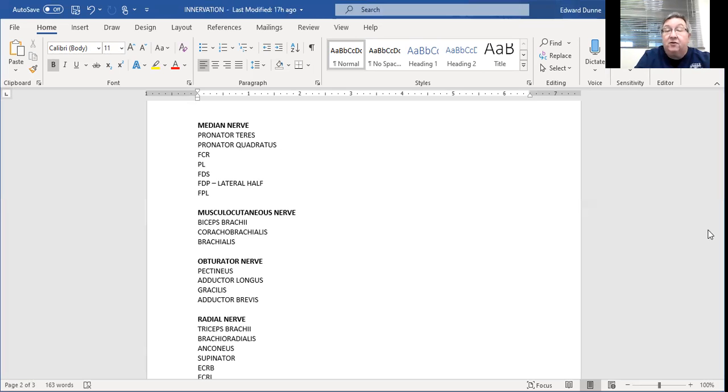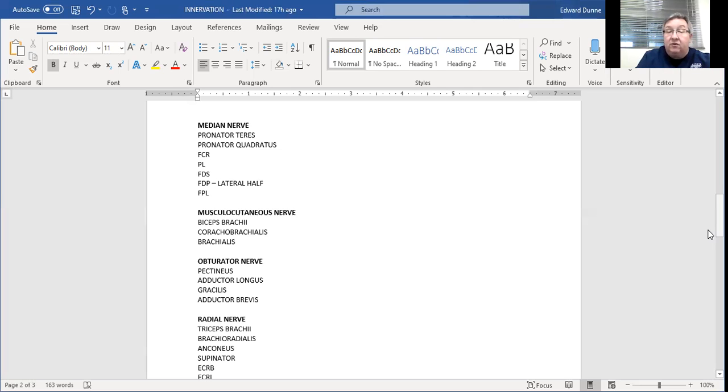FDS is the flexor digitorum superficialis. And I spoke about the flexor digitorum superficialis as the muscle that only goes to the PIP. So it does this motion at the PIP, but it does not flex the DIP, the distal interphalangeal joint.